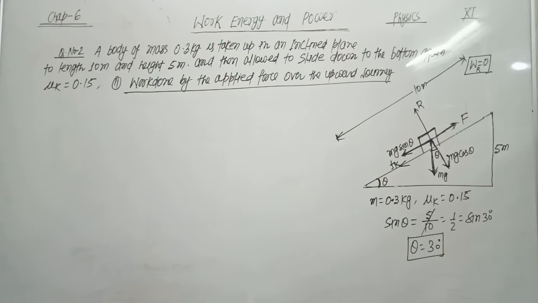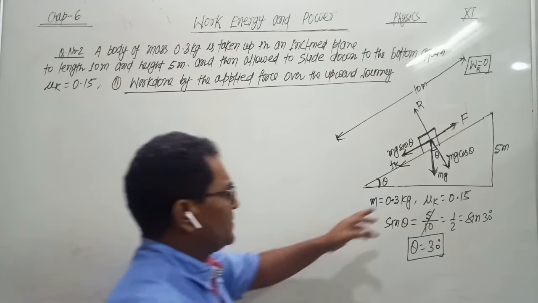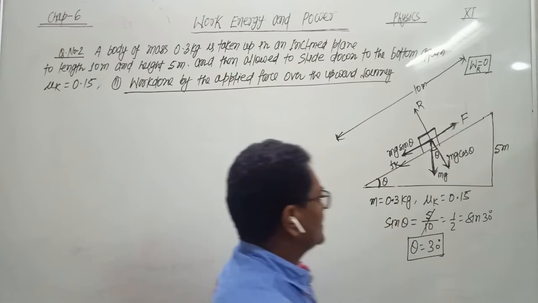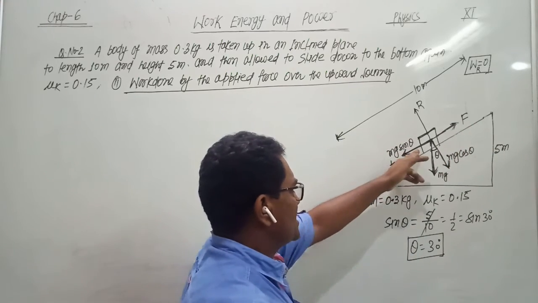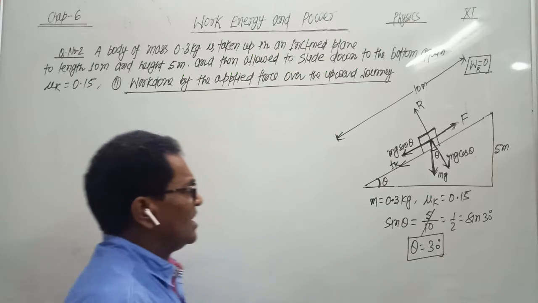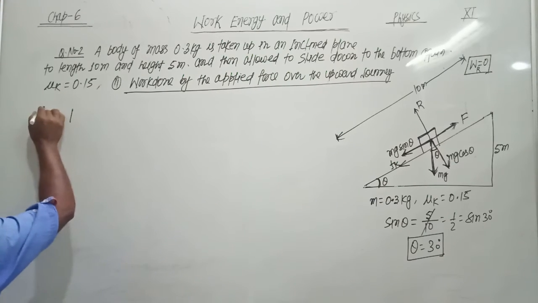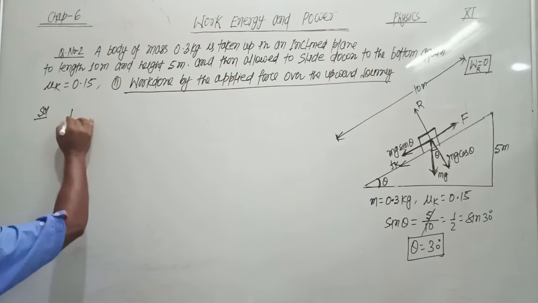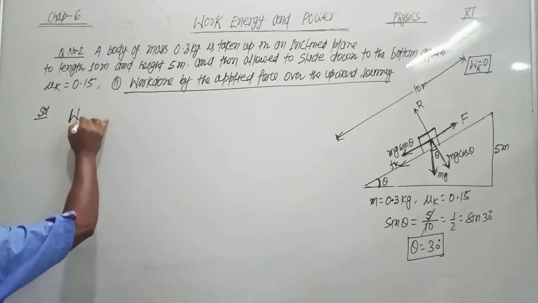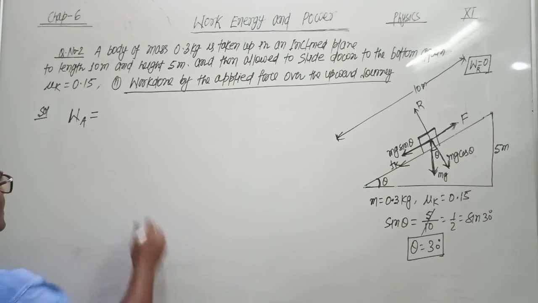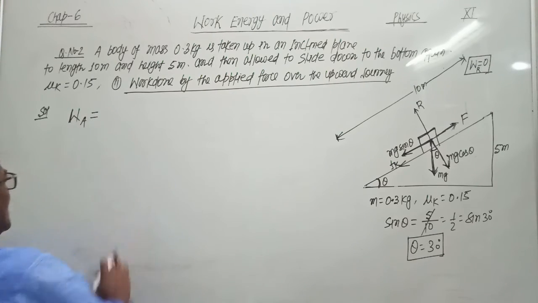So the applied force F acts in the upward direction, and mg sin theta and Fk act in the downward direction. So work done by the applied force in going up, WA, equals force into displacement.